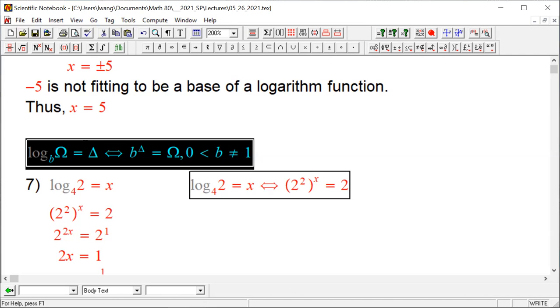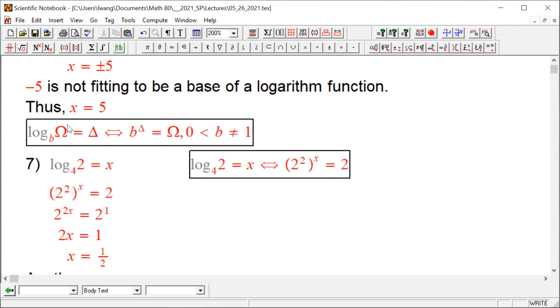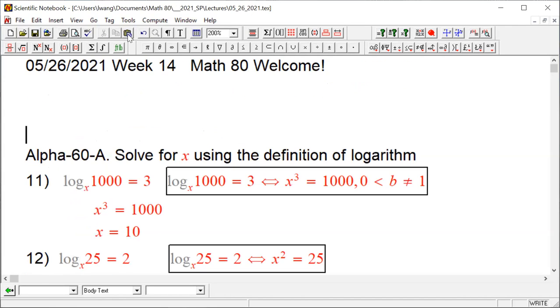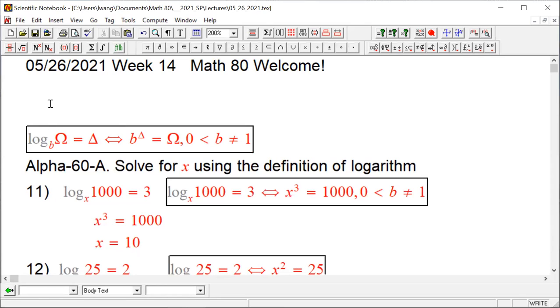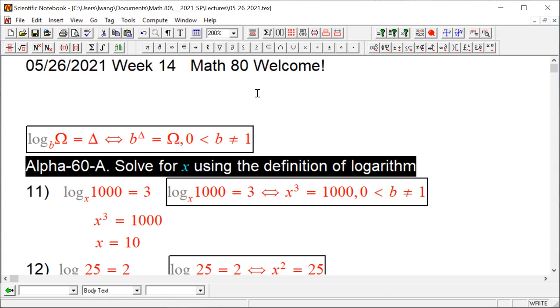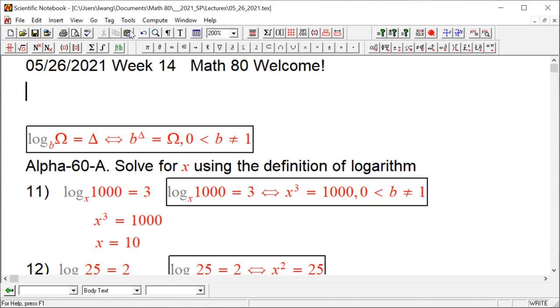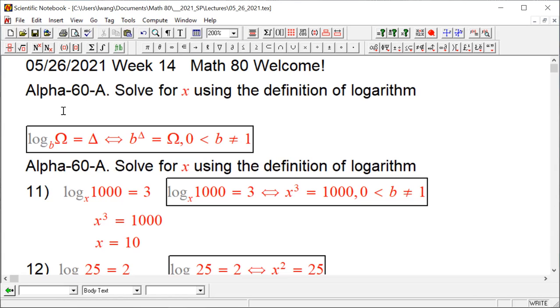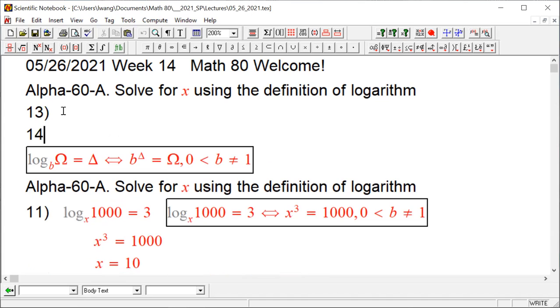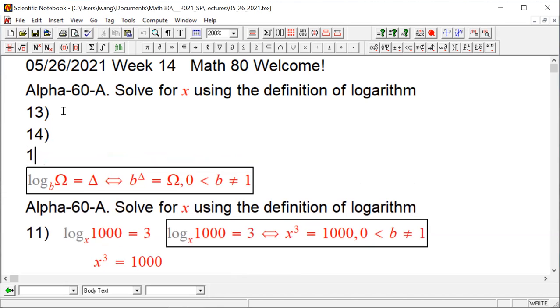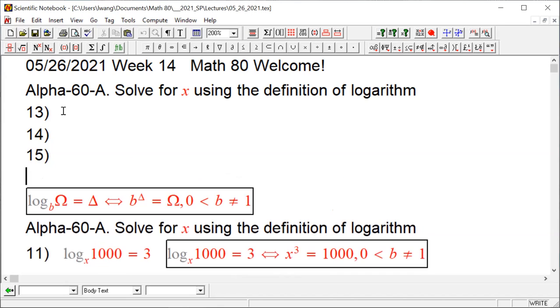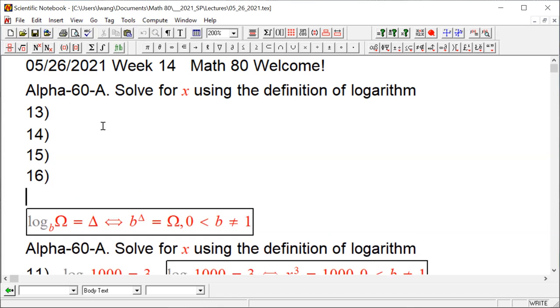All these exercises is to help us to use definition well. Okay, so number 13, 14, 15, 16. Okay, you guys get to be involved, okay?